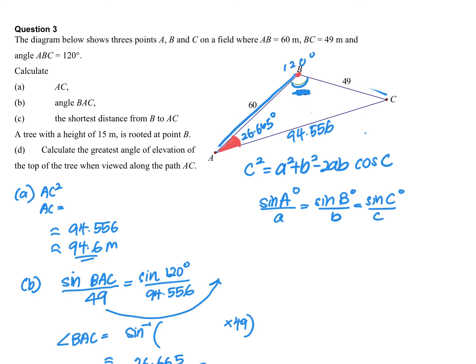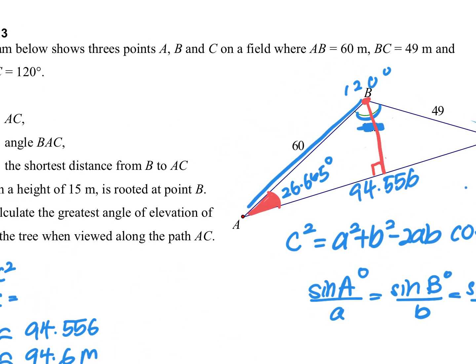Point B to AC. The moment you draw like that, what will happen? There will be a 90 degrees. So when you have a 90 degrees and you notice they never ask me find area of triangle. Do you see a right angle triangle here? Got right angle triangle? So right angle triangle like that, can I use Pythagoras?